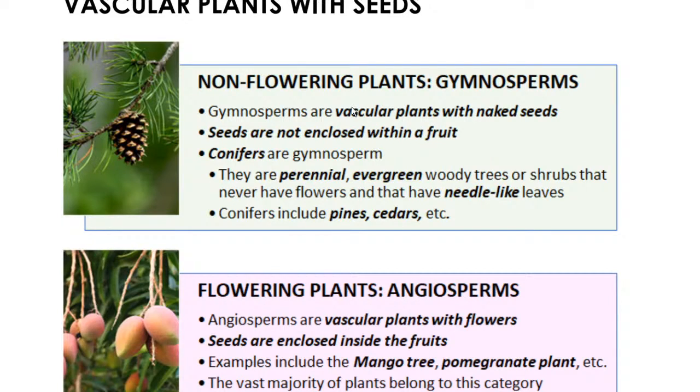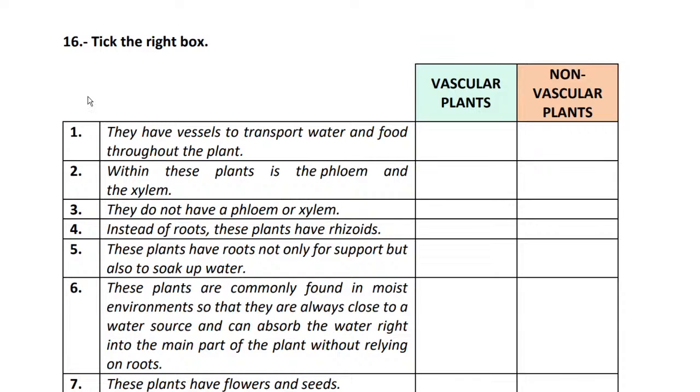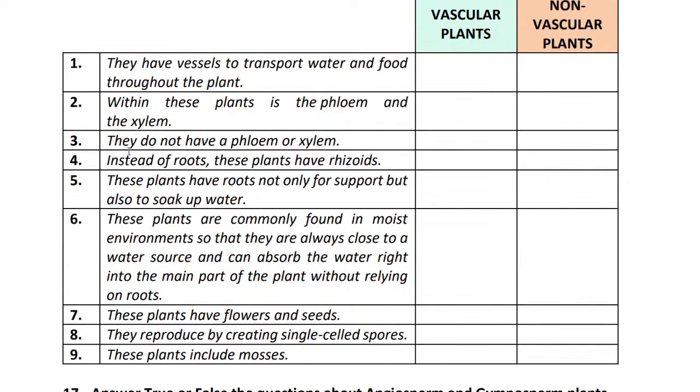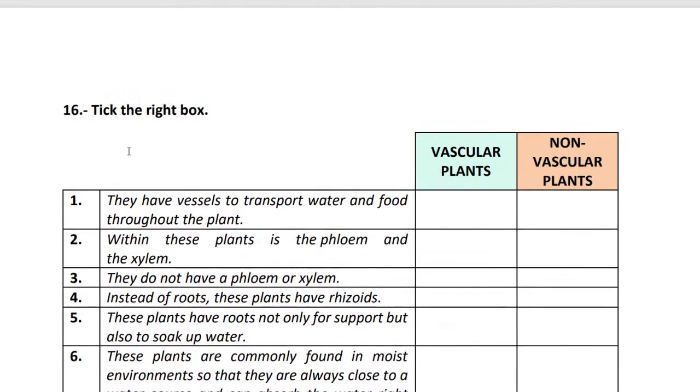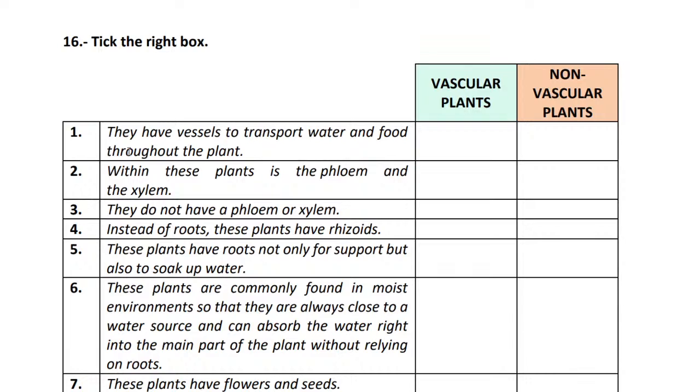This is what today we're going to study. But before, I'd like you to go to your exercise part, because we're going to correct exercise number 16. Remember, you have this exercise as homework.